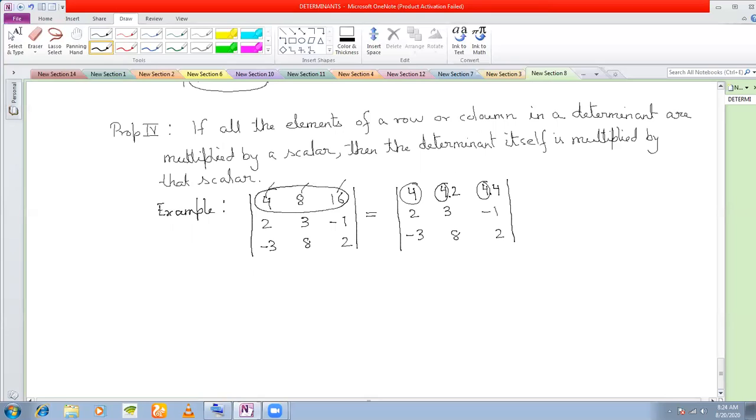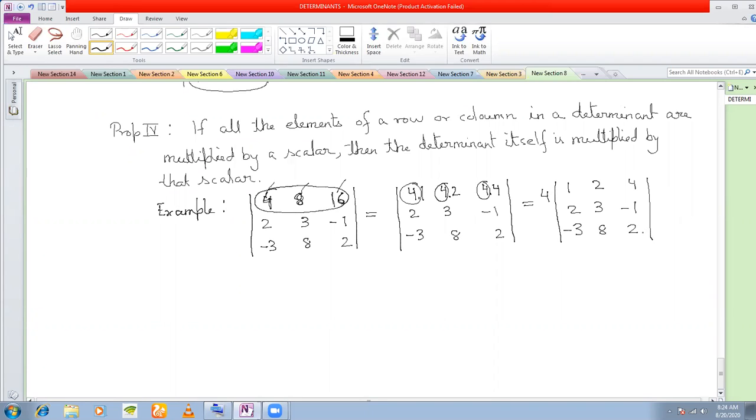In fact, not the LCM, the HCF of 4, 8, and 16 is 4, isn't it? Then this 4 can be taken out of the determinant. You can write this as 4 into the determinant 1, 2, 4, 2, 3, minus 1, minus 3, 8, 2.